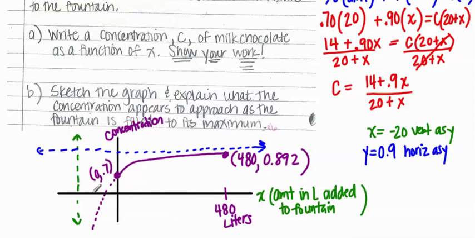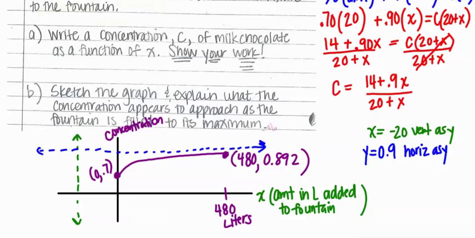We can't add a negative amount, so that portion of the graph is not even pertinent to this word problem. So the domain starts at 0, it ends at 480, and we have this portion of the graph that we look at.